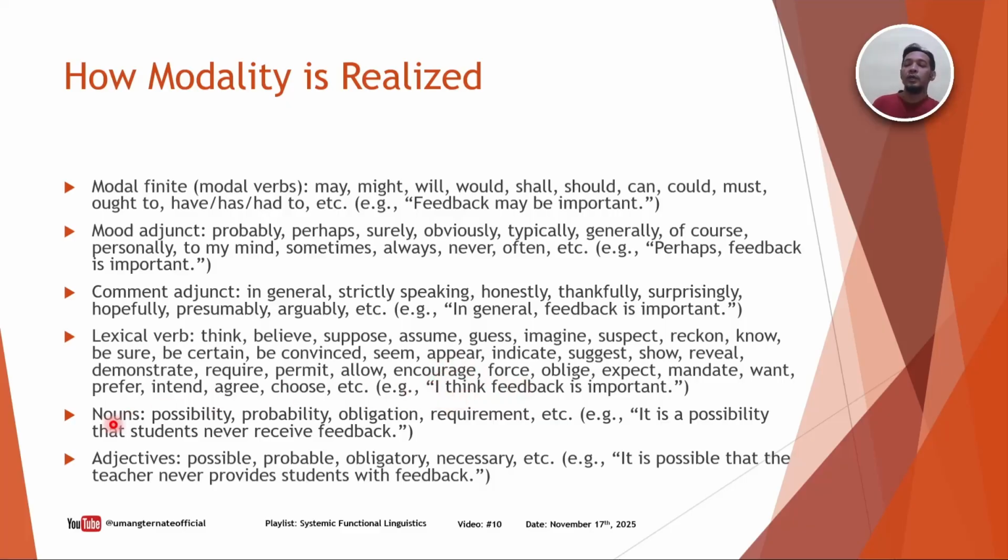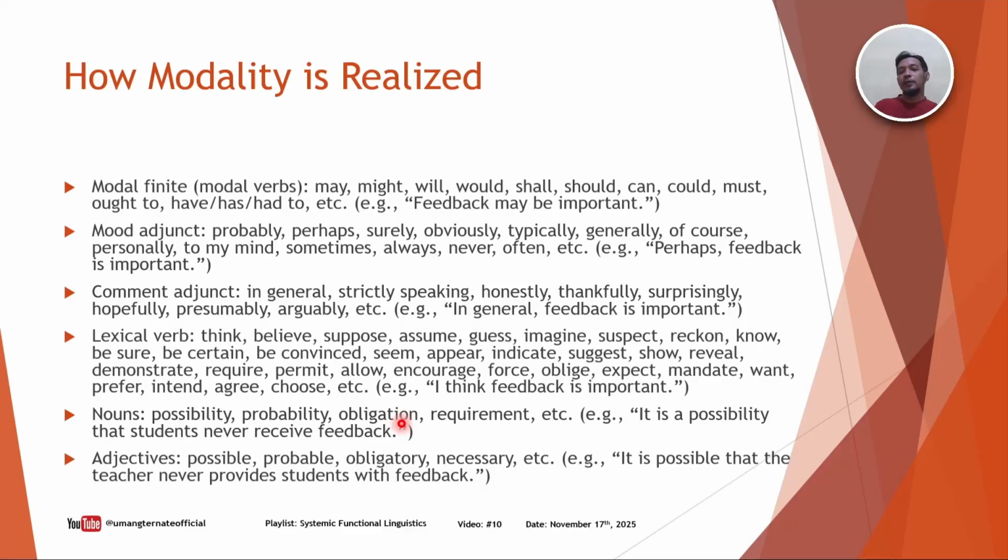But modality can also be realized through nouns or nominal words. Words like possibility, probability, obligation, and so on and so forth also represent the modal meaning, the speaker's judgment, attitude or stance.